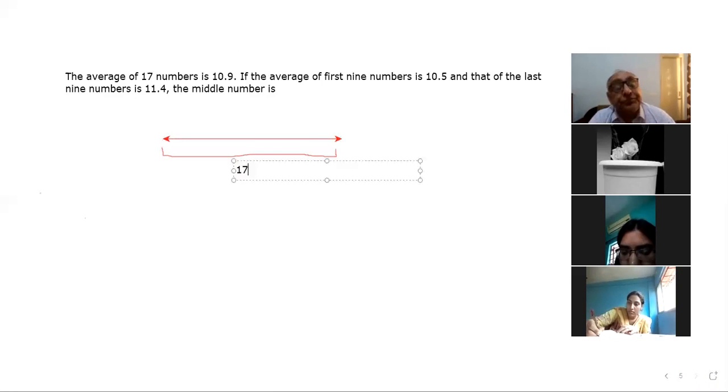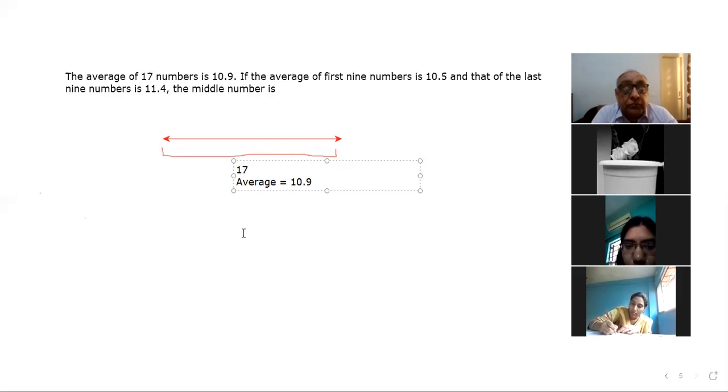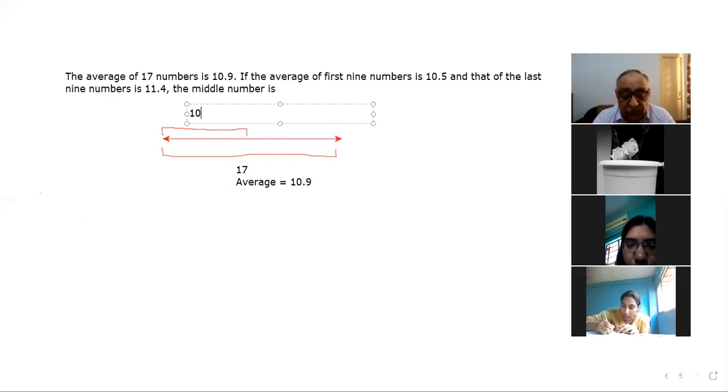Clear? And their average is given equal to 10.9. So that is the point. And now out of these 17 numbers, the first 9 numbers, their average comes to 10.5, and the last 9 numbers, their average comes to 11.4.